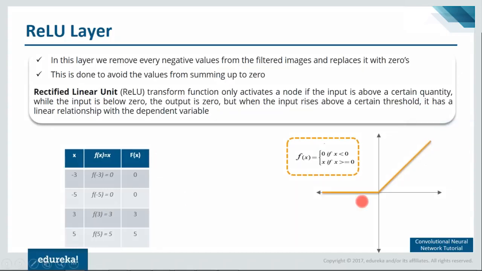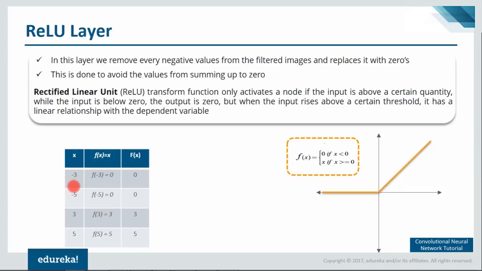We have a graph of the ReLU function here. So my function says that f(x) is equal to 0 if x is less than 0, and it is equal to x when x is greater than 0. All right. So whatever values I have which are below 0 will in turn become 0, and for values above 0, our function value will also be equal to that particular value. So f(x) will be equal to x if x is greater than or equal to 0, and it will be 0 if x is less than 0.